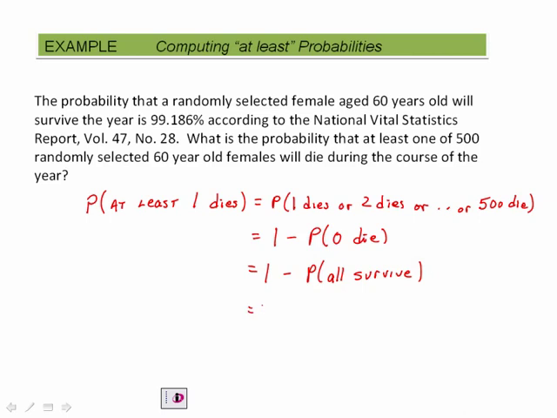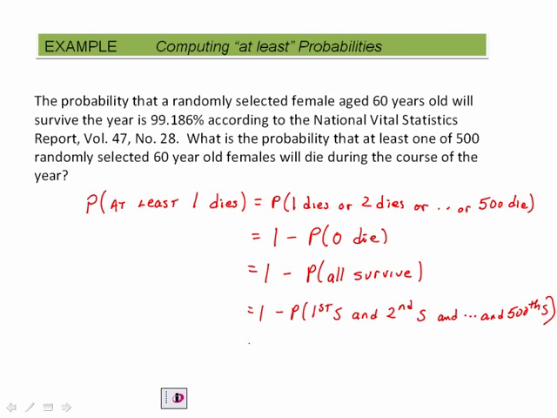Now that would be computed as the probability the first survives and the second survives and all the way down to the 500th survives. And whenever you see "and," you think multiplication.